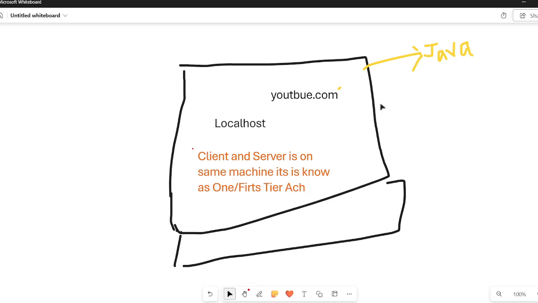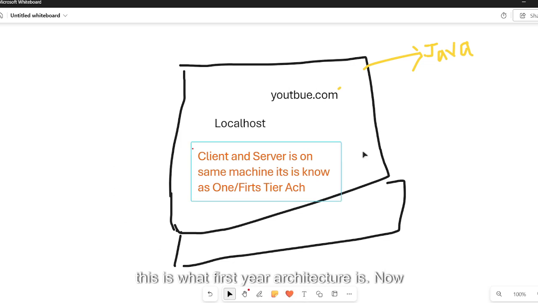So this is the first tier architecture. This is what first tier architecture is.